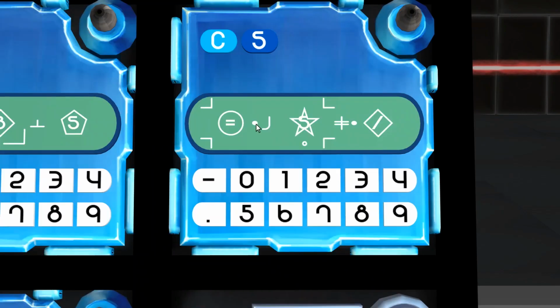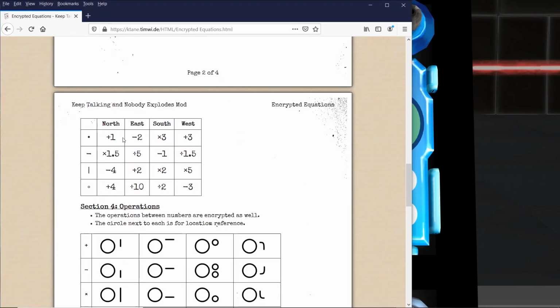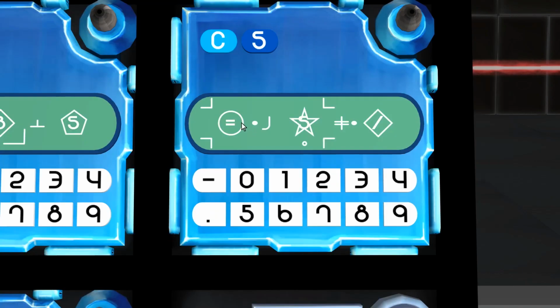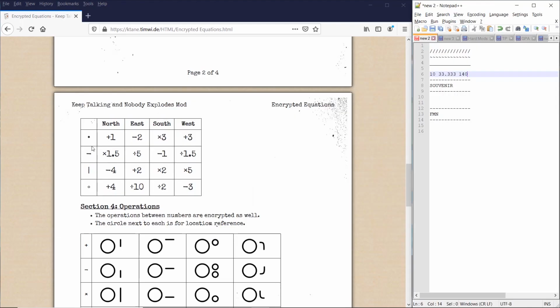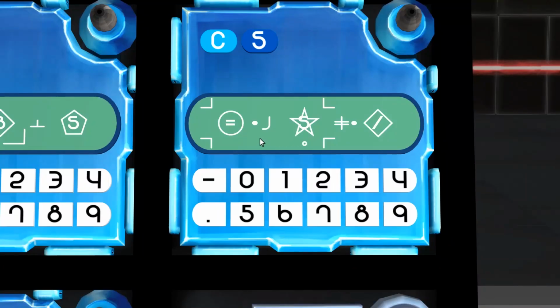Now, like the letters, the dots also alter the values of each symbol. So we have a filled dot to the east of the circle. To the east, that's going to subtract 2 from our value to give us an 8.